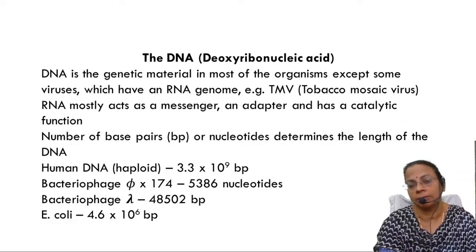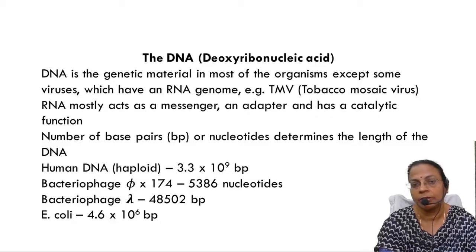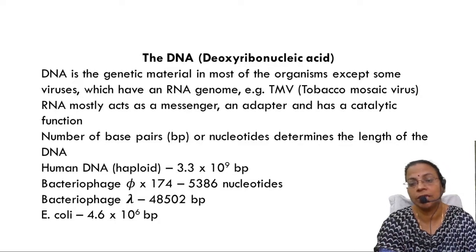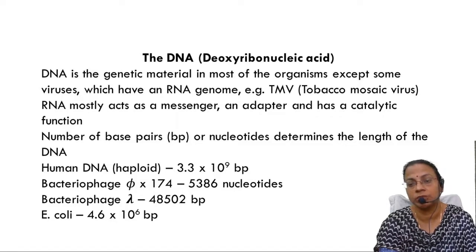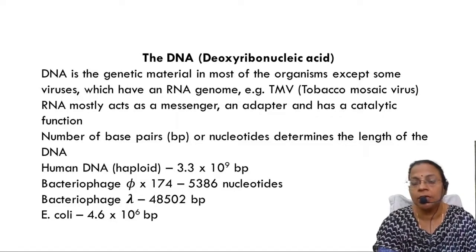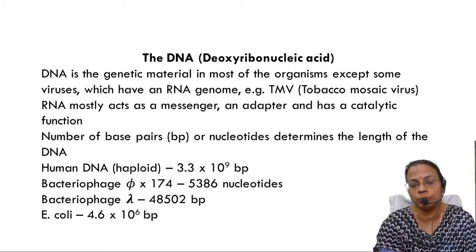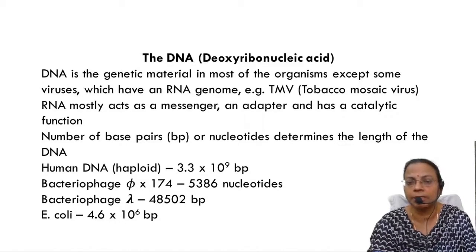where protein synthesis can take place. The third function is that RNA can act as an adapter molecule. A special type of RNA called transfer RNA helps in transferring the amino acids from the cytoplasm to the ribosomes as per the codon sequences given in mRNA.